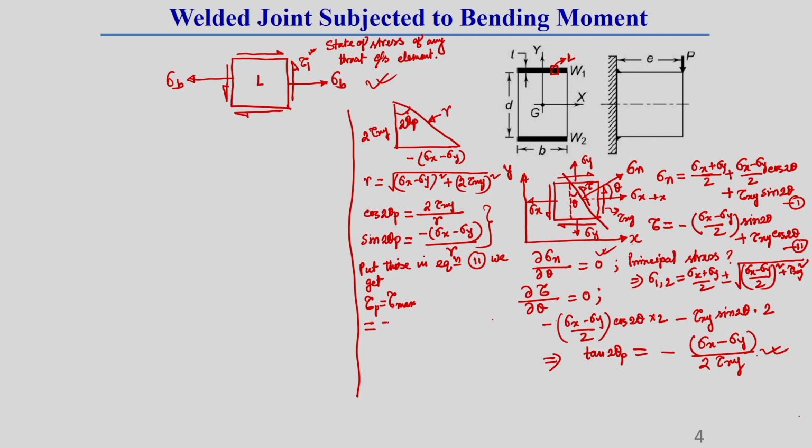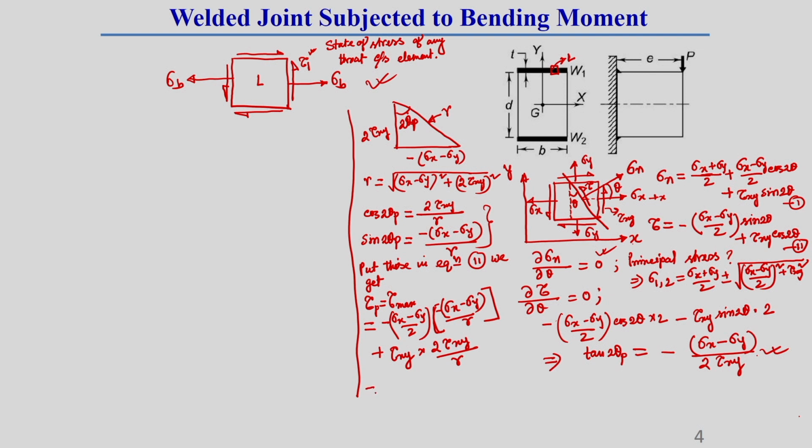Sigma x minus sigma y by 2 into sin 2 theta, which is also minus (sigma x minus sigma y) divided by r, plus tau x y, and cos 2 theta we can easily put. So, cos 2 theta equals 2 tau x y divided by r.